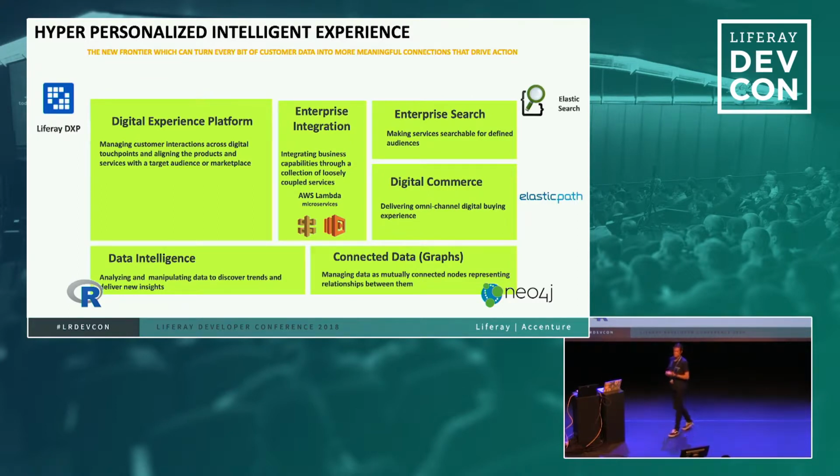Accenture used Elastic Path as a headless commerce engine because this proof of concept was built about 5 months ago, and Liferay Commerce was not yet available.